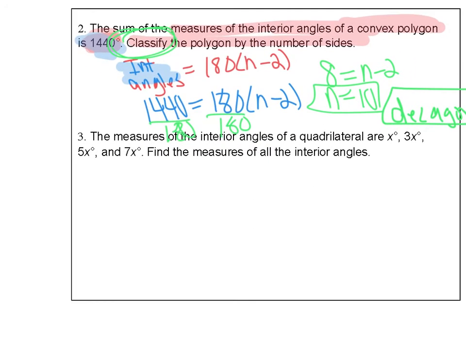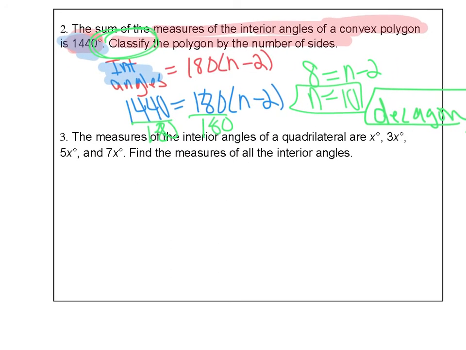Okay, now we have to read this question carefully. So we have the interior angles. Again, we're talking about the inside. It's a quadrilateral, so we know it has 4 sides. It also means it has 4 angles: x, 3x, 5x, and 7x. Let's just find x in this case. Rather than finding all of the angles, we'll just find x.